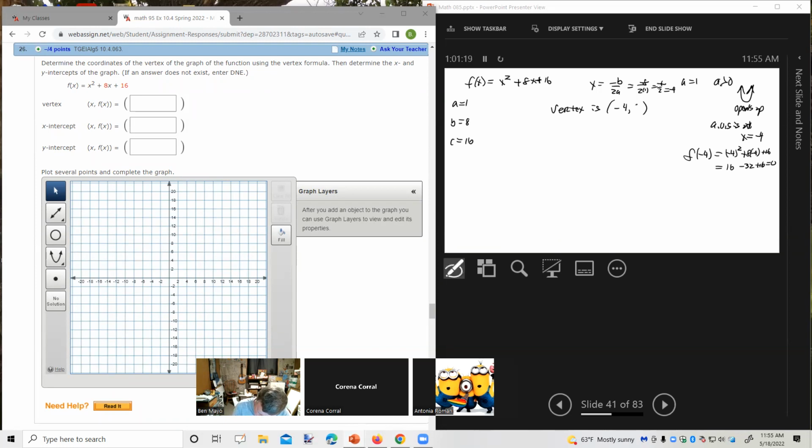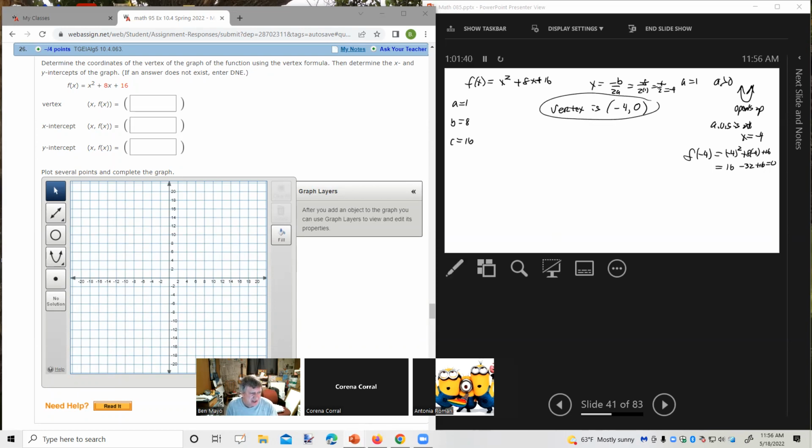So the vertex is at (-4, 0). Still with me? Yes. All right, so we found the vertex.